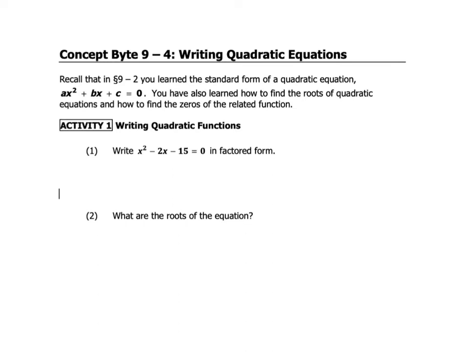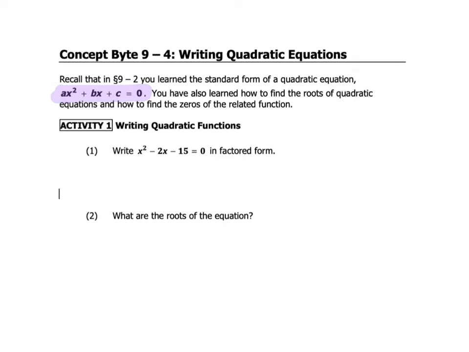What I want you to recall is what a quadratic equation looks like, and that's right here: ax squared plus bx plus c equals 0. If you recall, we learned how to find the roots of an equation, which means the solutions for x, and we did that by factoring using either mental methods or slide and divide.